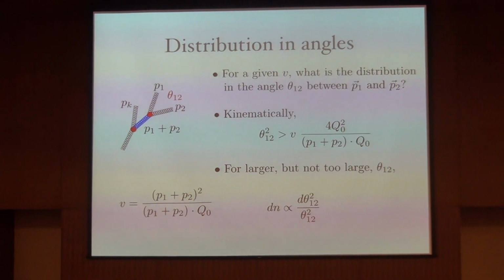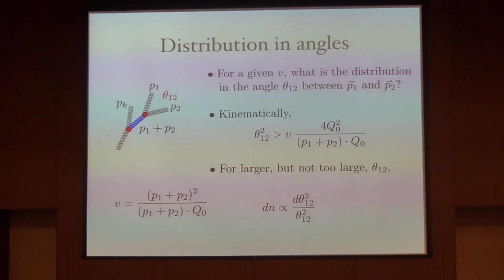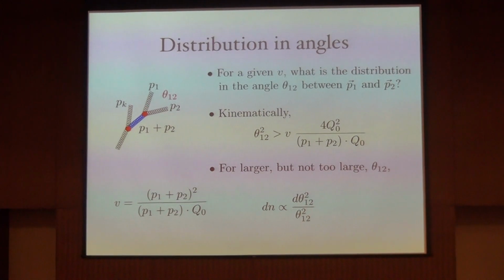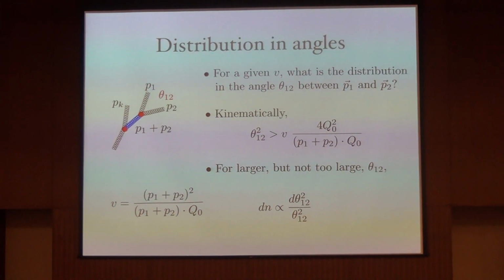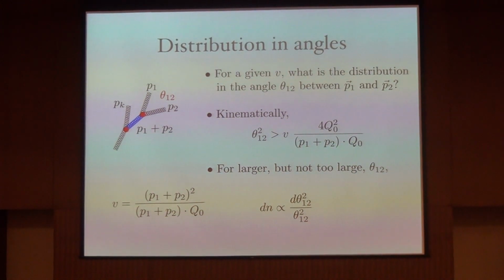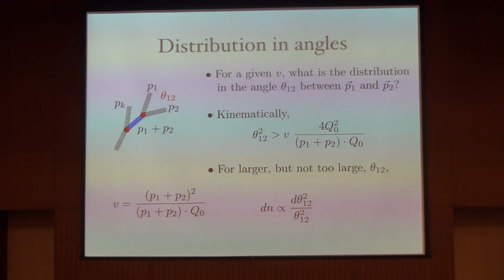And there's one more variable besides the virtuality v, and it can either be the momentum fraction z, or it can be the angle between two partons. So here I'm going to talk about it in terms of the angle. So here's two daughter partons, and there's an angle theta 1, 2 between them. And theta 1, 2 is not determined by just v.